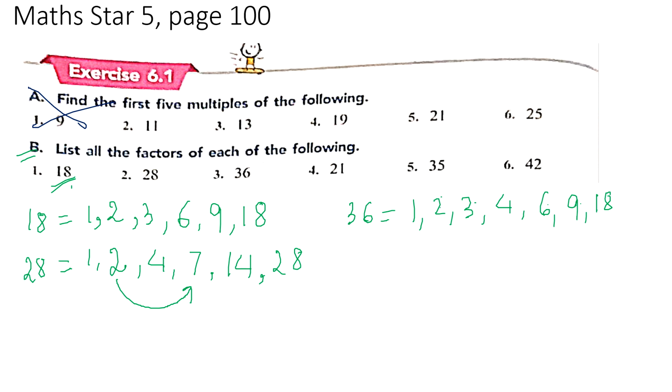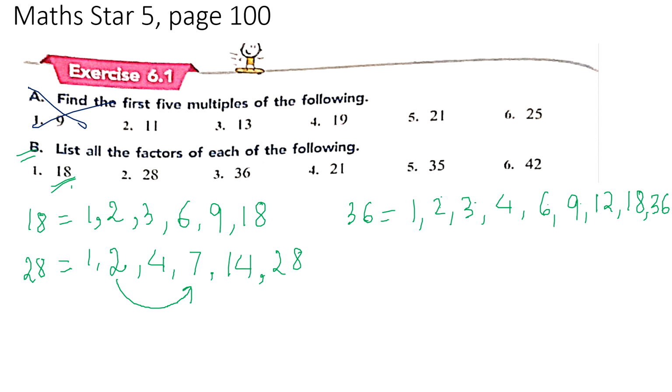So write 12 before 18. Then 2 times 9 is 18. Okay, this is the way you have to find 12, 18, and then we got 6, 4 nines are 36, and then 12, 18, and then 36 itself. So these are the factors of 36: 1, 2, 3, 4, 6, 9, 12, 18, 36.